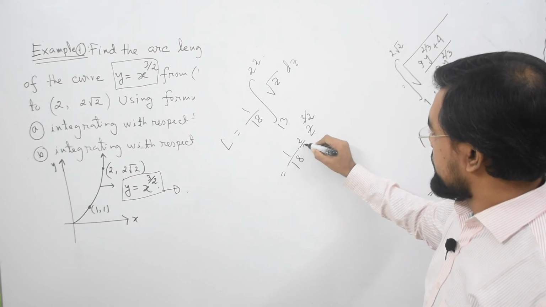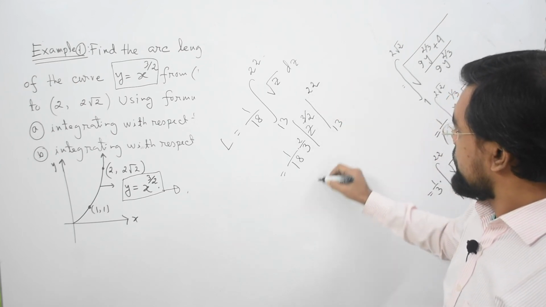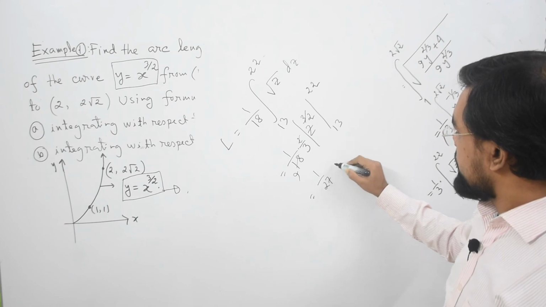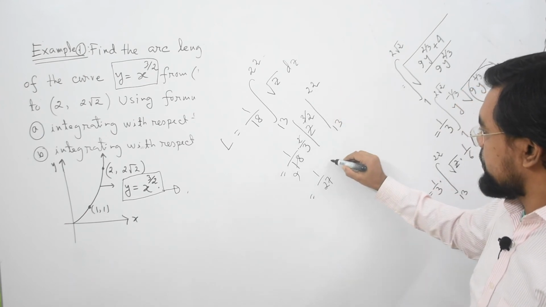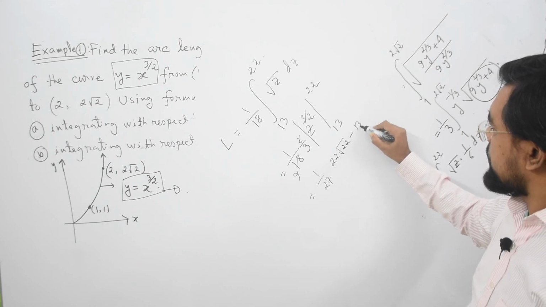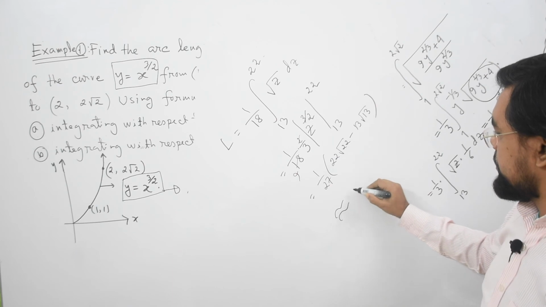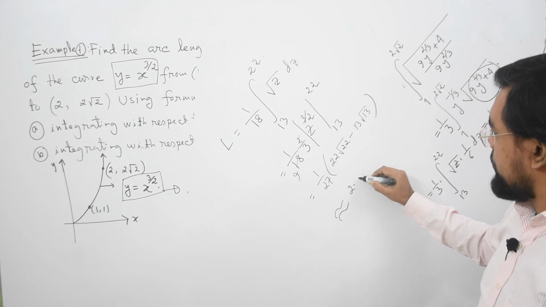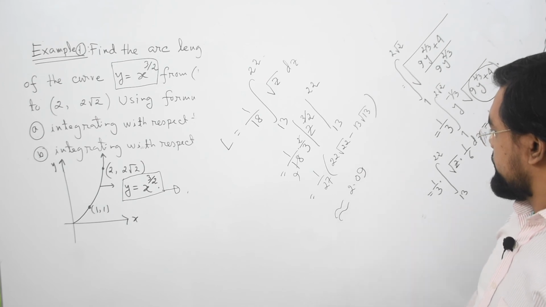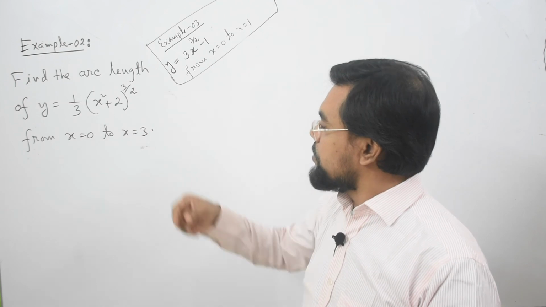So I can write 2 by 3 here, 13 to 22, this equals 1 by 27. If you put the upper limit, you will get 22 root 22 minus 13 root 13, which is the previous result, 10.2.09. This is the answer.